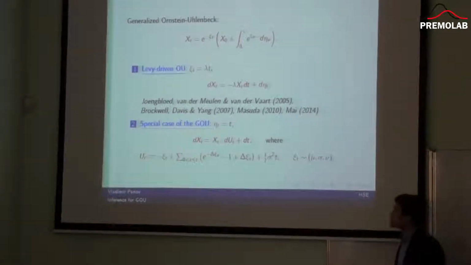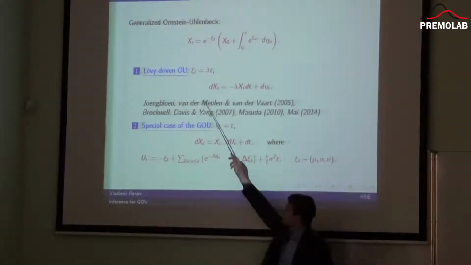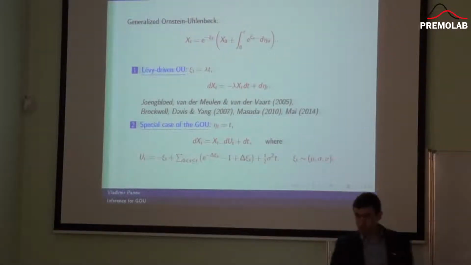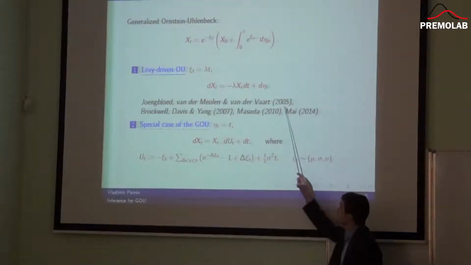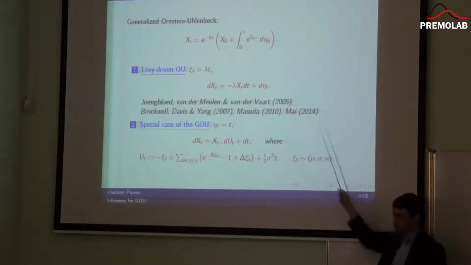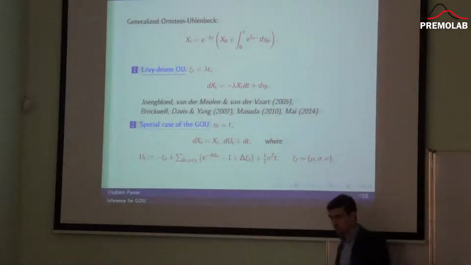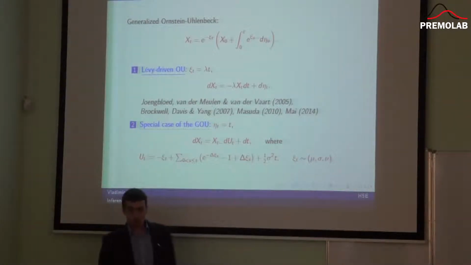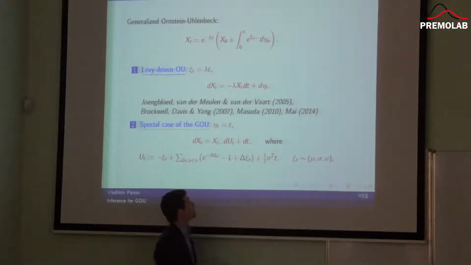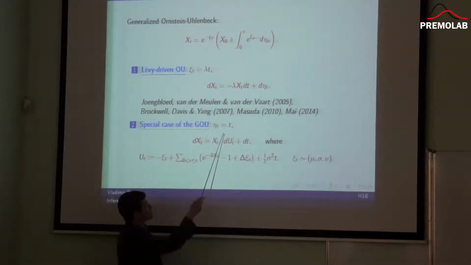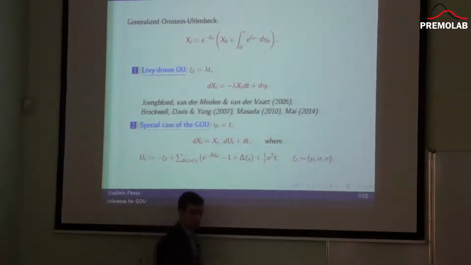This partial case is known as Levy-driven Ornstein-Uhlenbeck, and statistical inference for this kind of processes was considered many times by different authors. So some colleagues from the Weierstrass Institute are still writing papers about this. And another case, which is the object of interest in our research, is the case when xi can be any Levy process, and eta is actually equal to t.